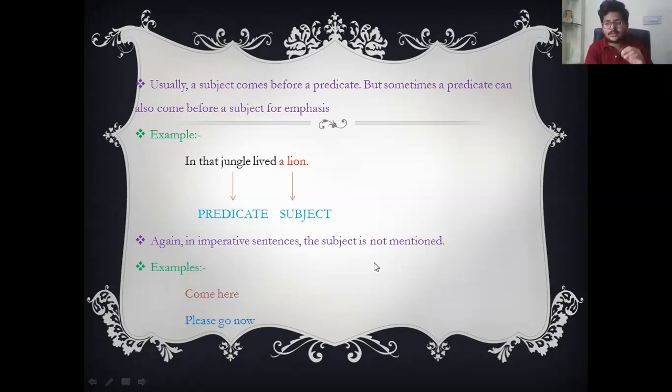Here you don't see the subject, because you don't know for whom the command has been given. So this type of sentence will not have the subject, it will only have the predicate. Examples are come here, please go now, shut the door, pluck the flowers, don't pluck the flowers. These are the sentences of command which don't have the subject.